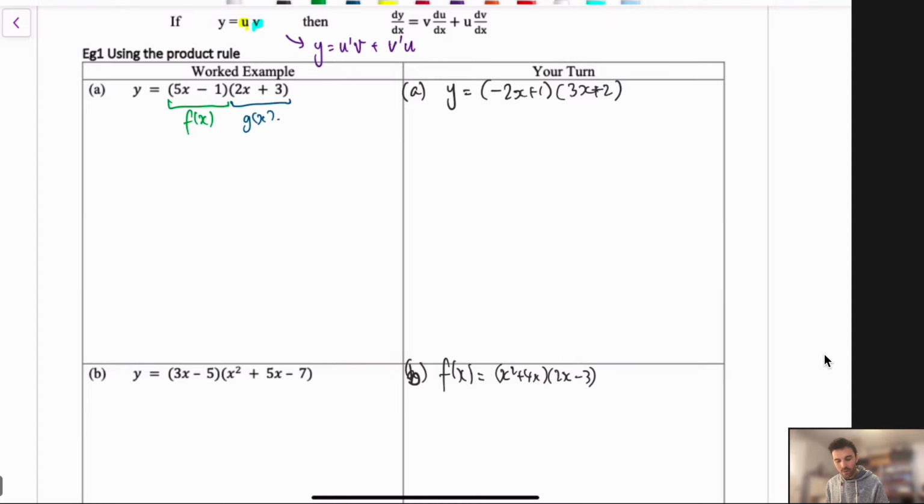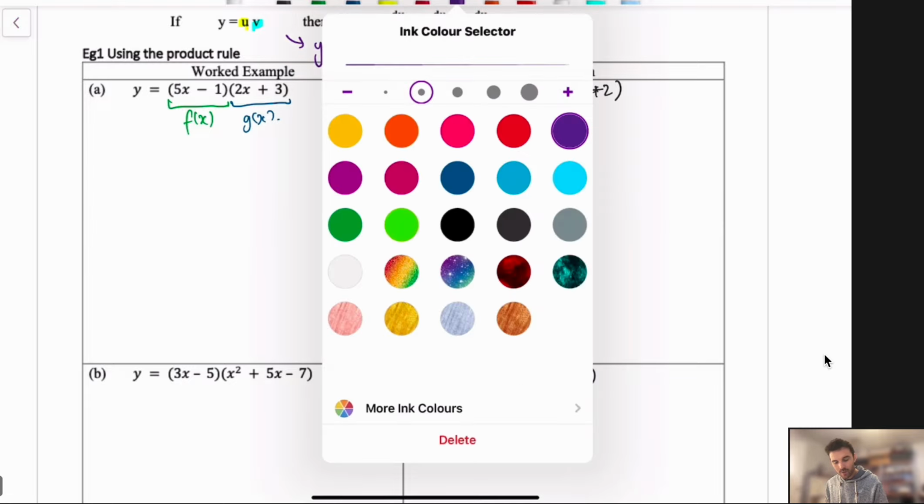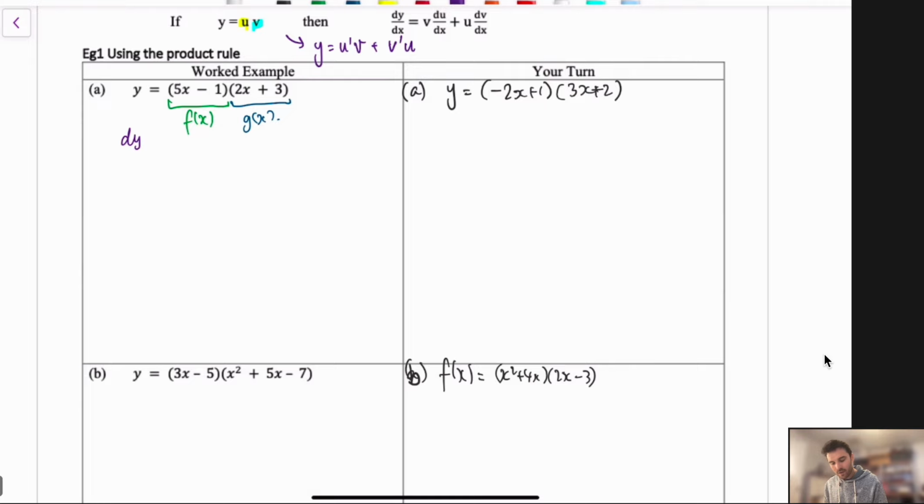Now we know if we want to differentiate, and what color should I choose? Let's get purple. dy by dx is going to be, we differentiate that times by that, plus we differentiate the second one and times by the original. So here we go. Let's differentiate f of x.